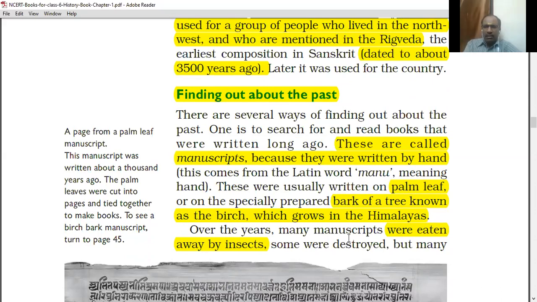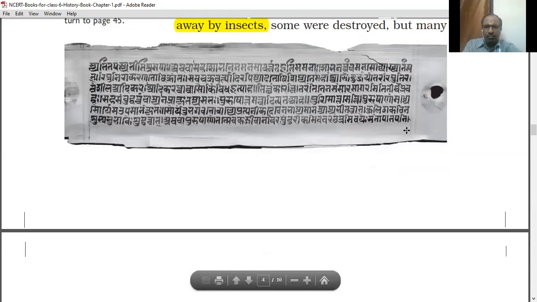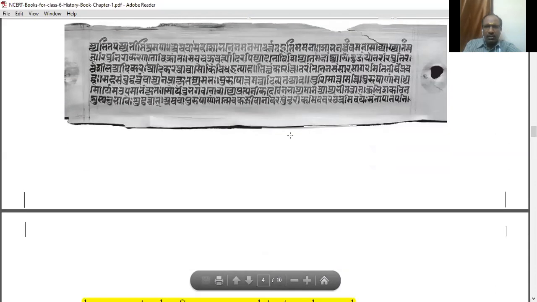Many manuscripts were eaten by insects or destroyed by floods. Apart from that, we have a few manuscripts, through which we are learning about the literature, and you can see the pictures here.